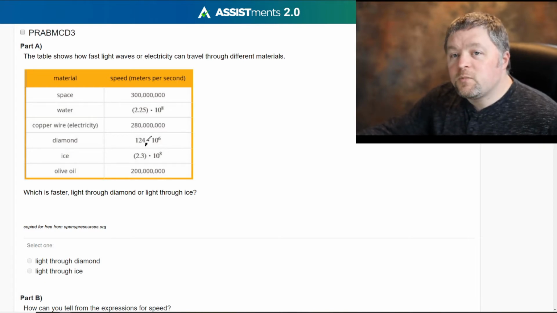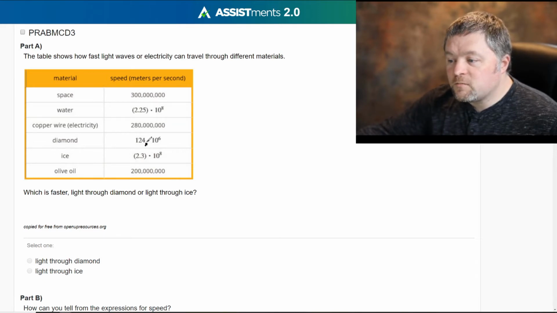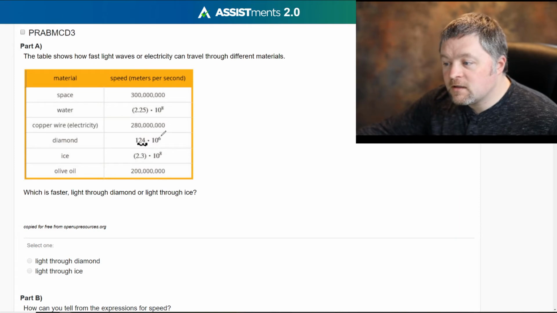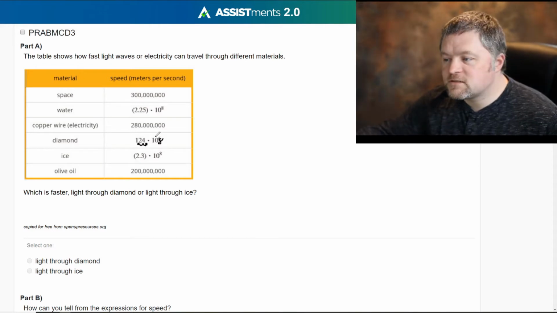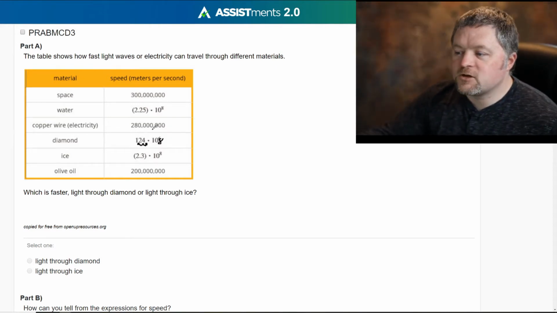If we want to put these on a more level playing field, we can think about moving this decimal point 2 more spots so that the decimal point is in front of the 1, and then this would be 10 to the power of 8. Sorry, that 8's a little low, but that should be an exponent.